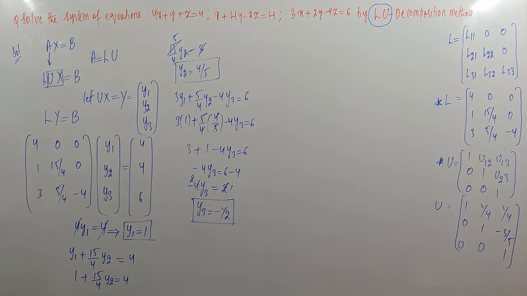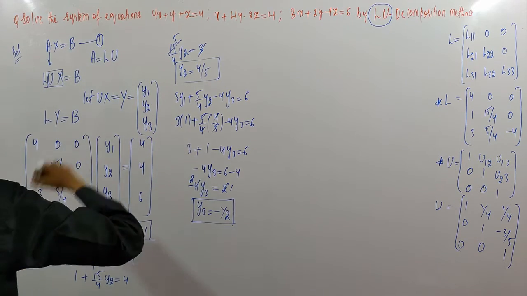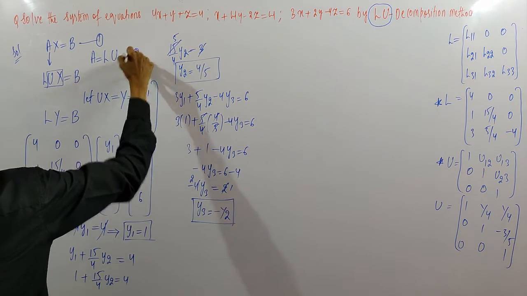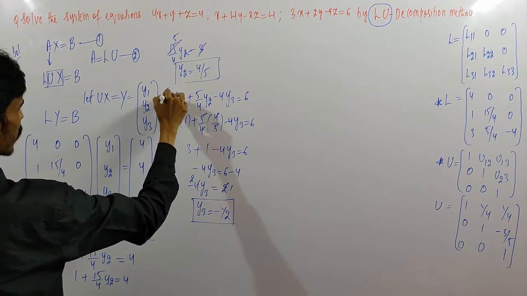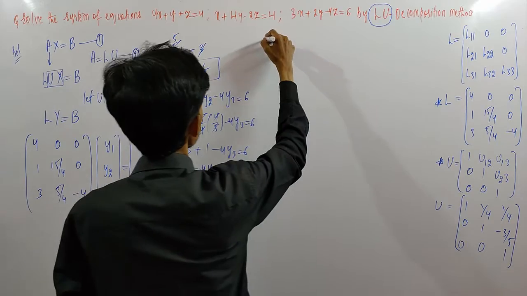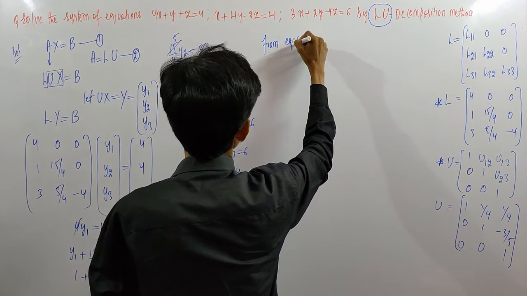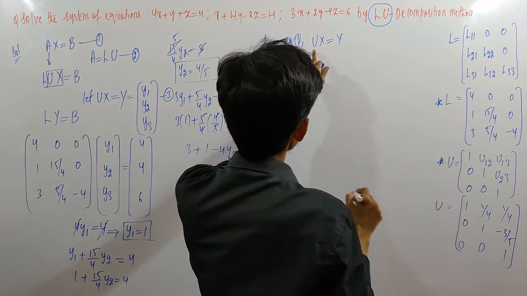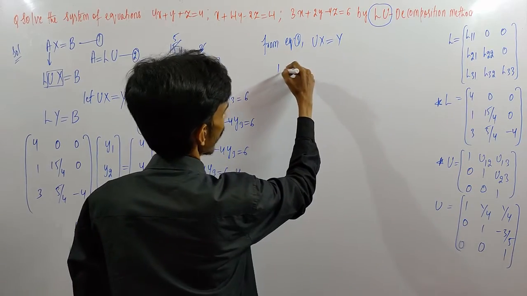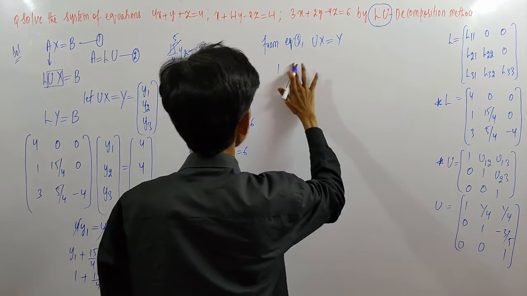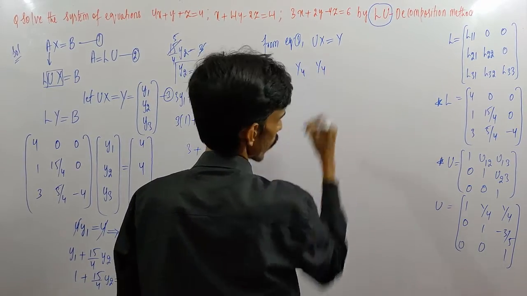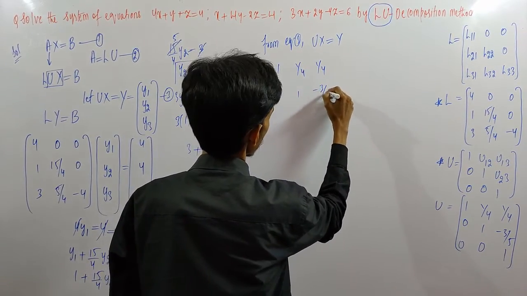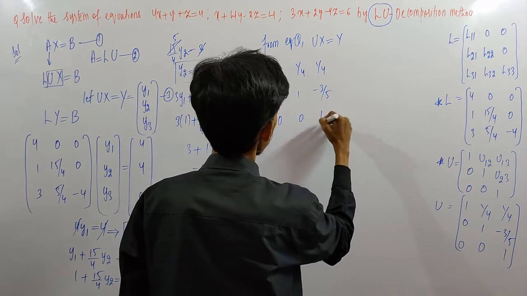We got all the y values, y1, y2, y3. Let us take the first equation as equation 1, the second as equation 2, and UX equal to Y as equation 3. Now from equation 3, UX equals Y, where U is 1, 1 by 4, 1 by 4, 0, 1, 3 by 5, 0, 0, 1.